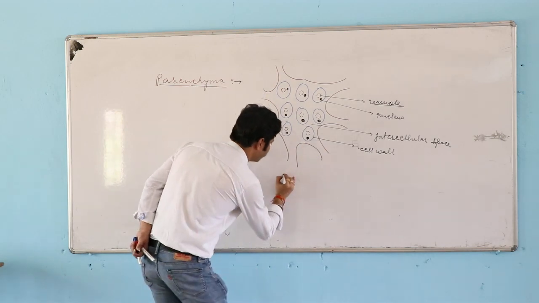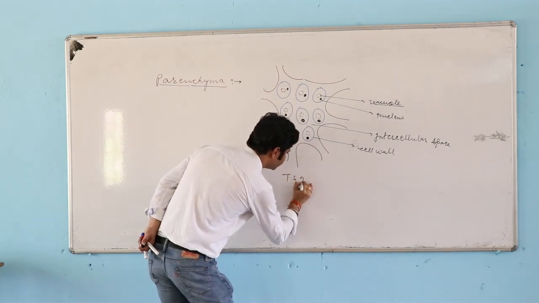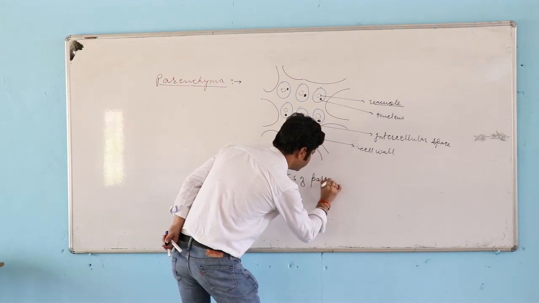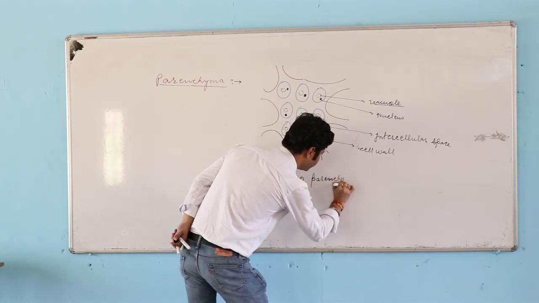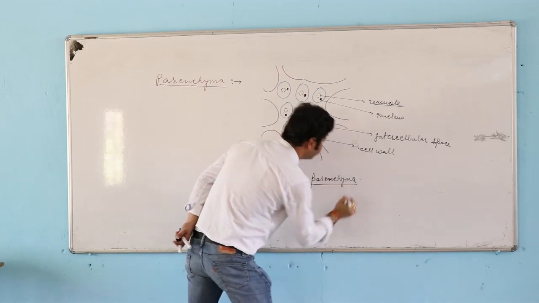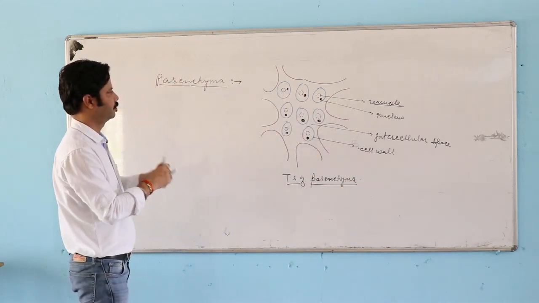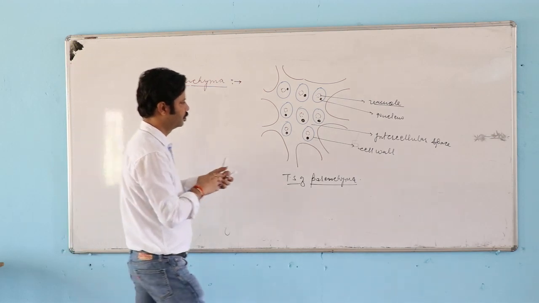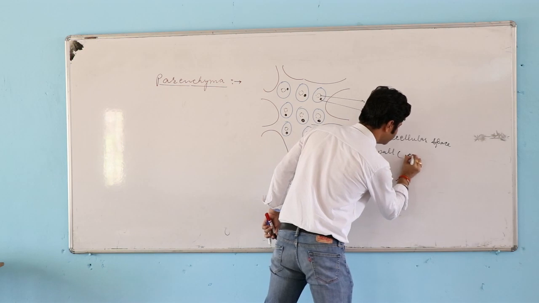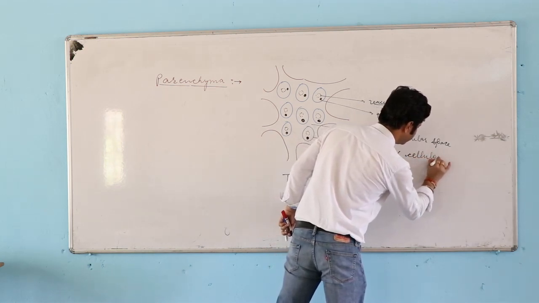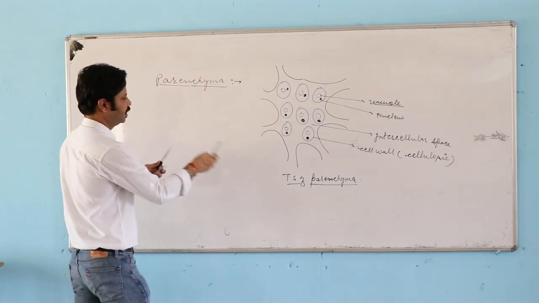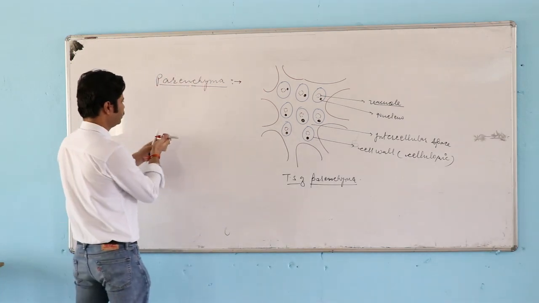It is a TS of parenchyma. The cell wall is cellulosic. TS of parenchyma.